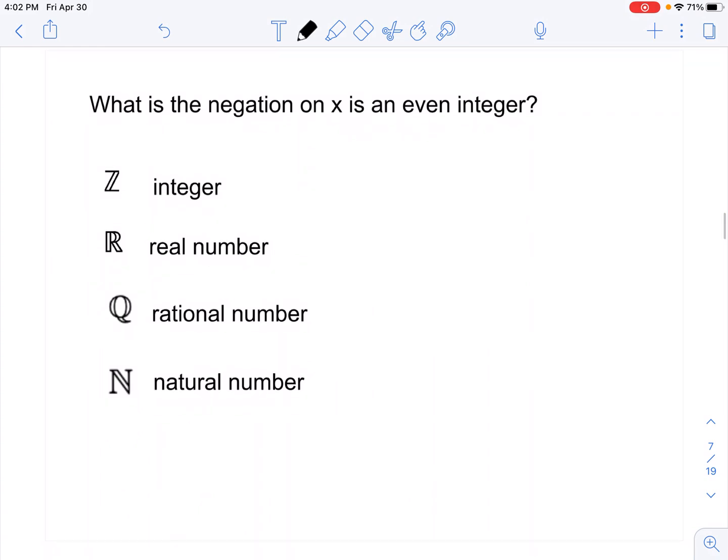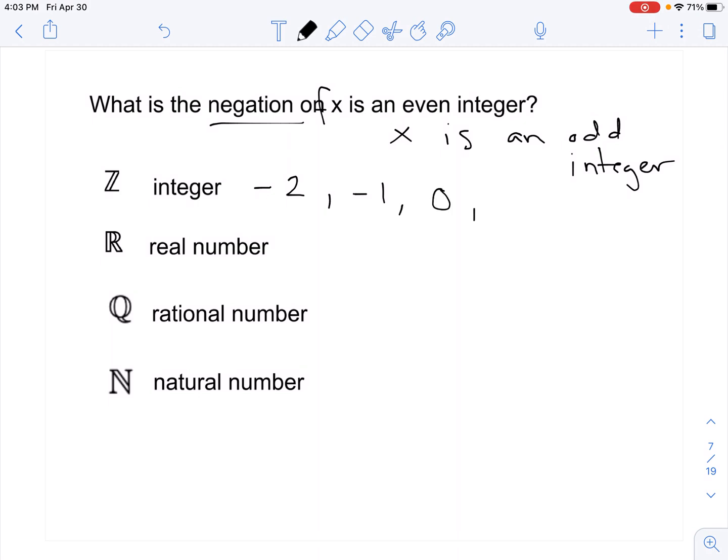What is the negation of x is an even number? The negation would be that x is an odd integer. Some symbols that you need to be familiar with in this section are the symbol for integer, the symbol for real number, the symbol for rational number. Integers are numbers without decimals. They could be negative, 0, could be positive.